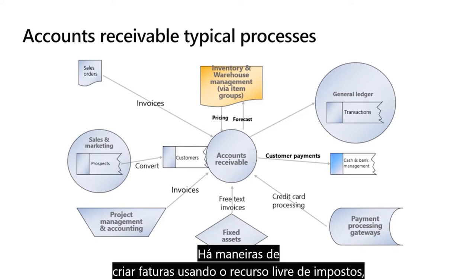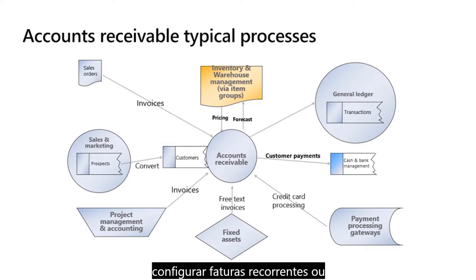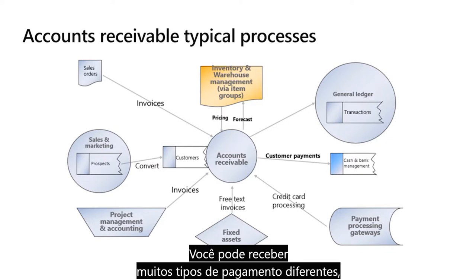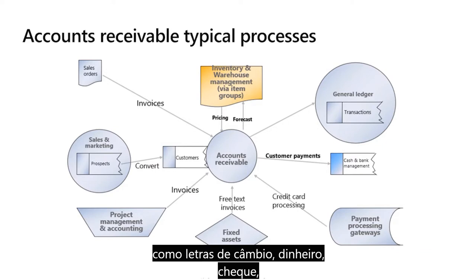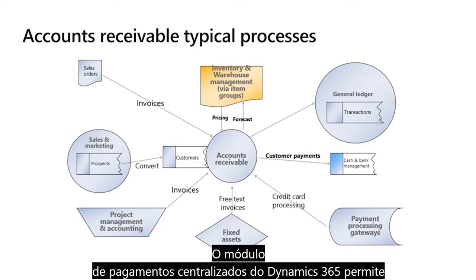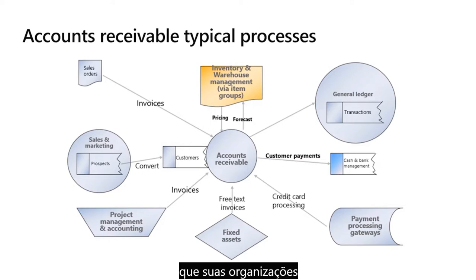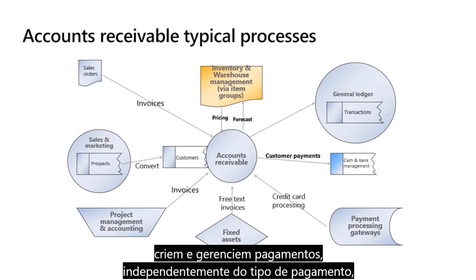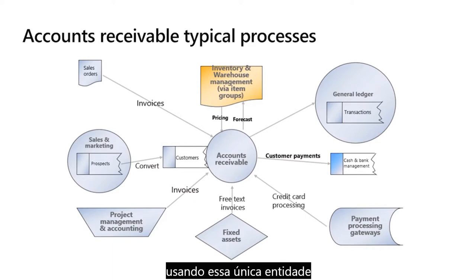So there's ways for you to create invoices using free text, set up recurring invoices, or you can even batch invoices. Now, you can receive many different payment types, such as bills of exchange, cash, check, credit cards, electronic payments. And the Dynamics 365 centralized payments module allows your organizations that may have multiple legal entities to create and manage payments no matter the payment type, using that single entity to manage all of your payments.